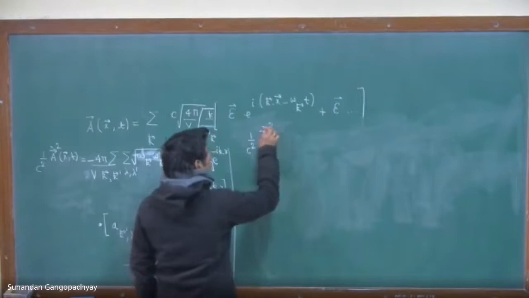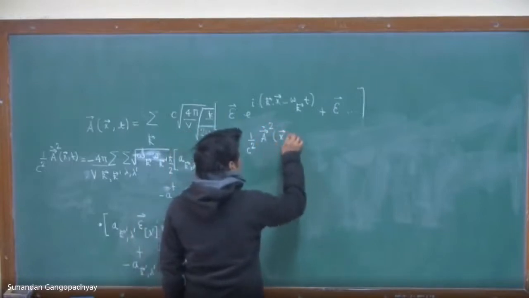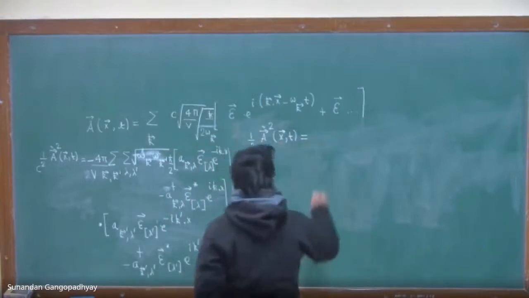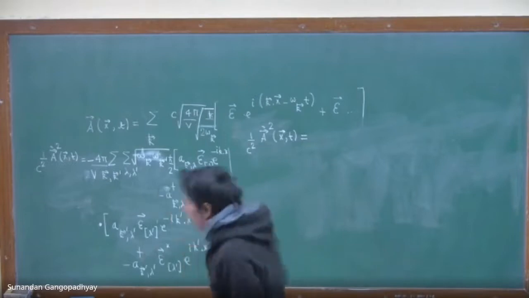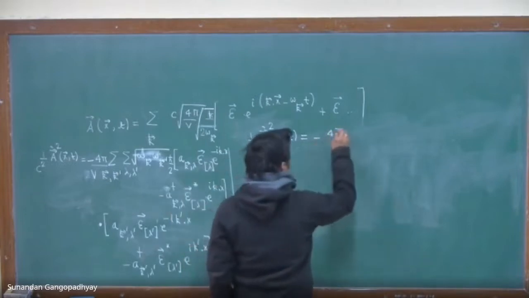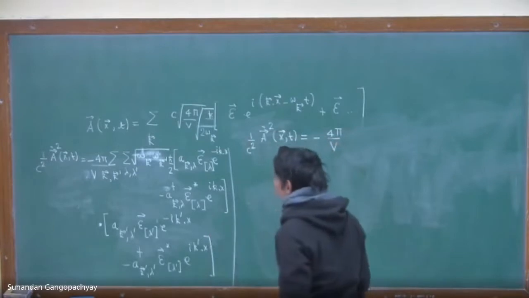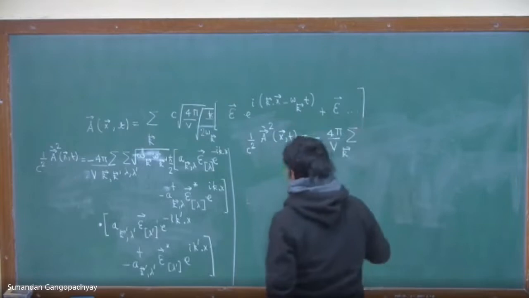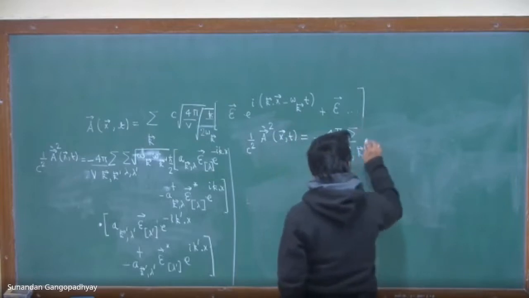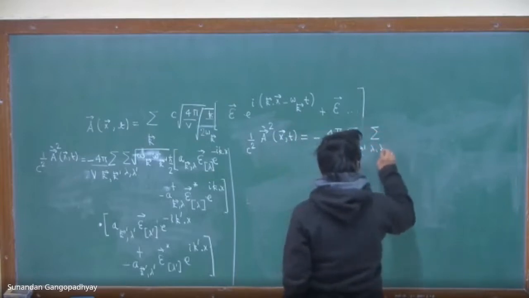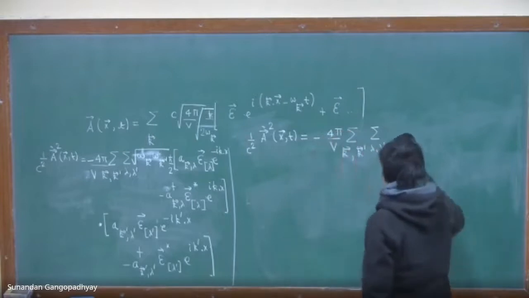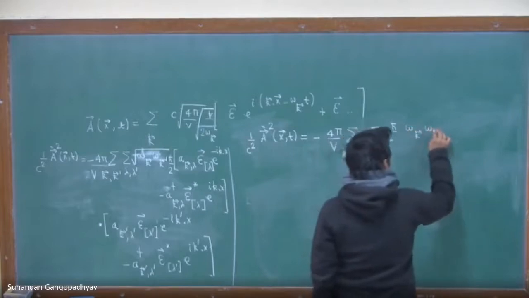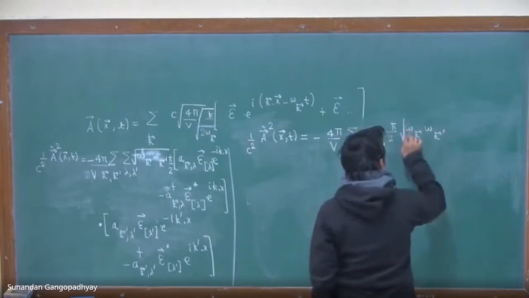So now what we need to do is just multiply. So if you multiply, this will be minus 4 pi by volume V, summation over k, k prime, summation over lambda comma lambda prime, h bar by 2 omega k prime square root.